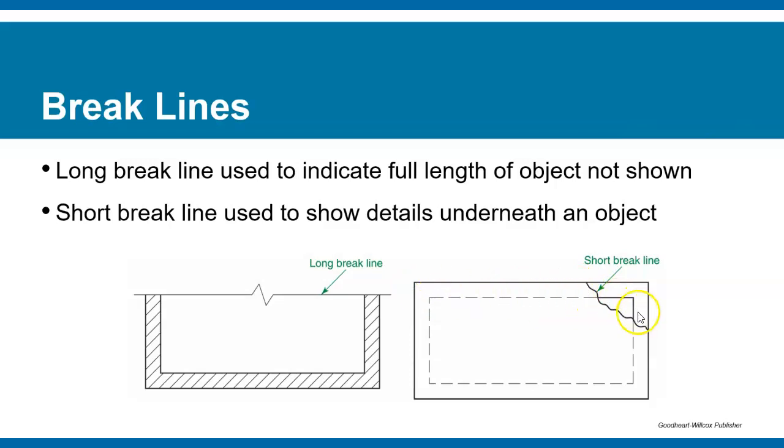And this short break line says, imagine there's a sheet here, and I were to break that sheet off like a cracker, right? And I were to snap the cracker, and the cracker were to be like a piece of plywood that covers an opening, you'd see that this dashed line or hidden line is now not hidden by the cracker, and it turns to a solid line. You see that? Whereas this solid line doesn't change because it's continuous.